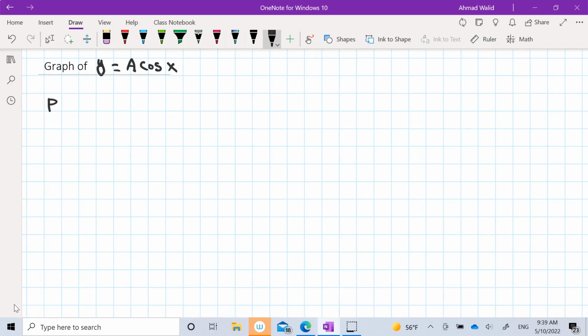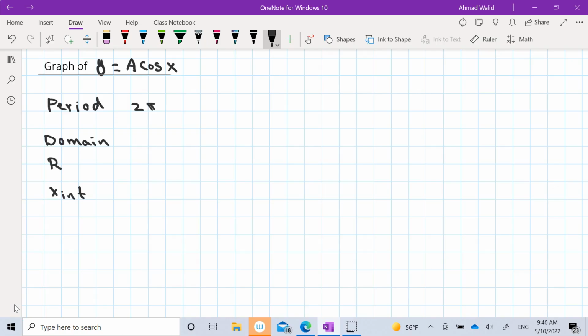First, period. The period for sine and cosine for a standard graph is 2 pi. Then we will talk about domain. After we graph, we will see what our domain is, what our range is, and the x-intercepts, which are important for us.